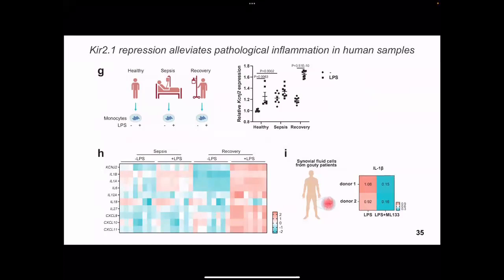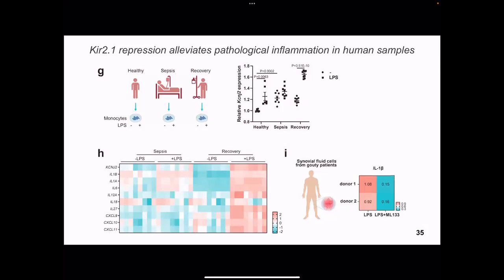In addition, KIR2.1 was more strongly increased by LPS stimulation in monocytes from healthy and recovering donors, which are indicative of an endotoxin-sensitive phenotype, than in monocytes from septic donors, which are indicative of an endotoxin-tolerant phenotype. And strikingly, there were similar patterns in the cluster of metabolism-responsive inflammatory genes, including IL-1 and IL-6.